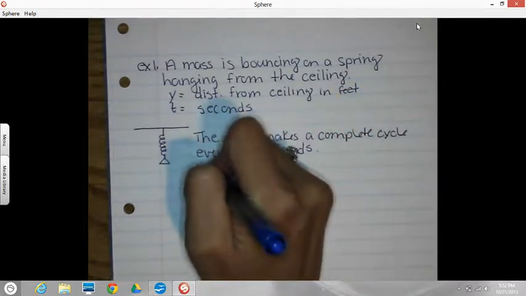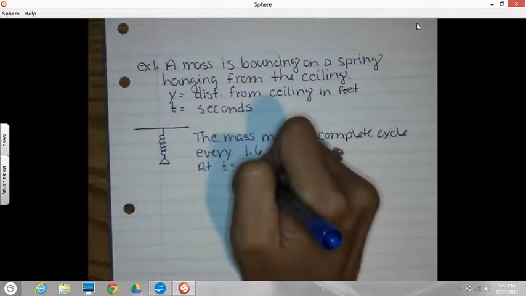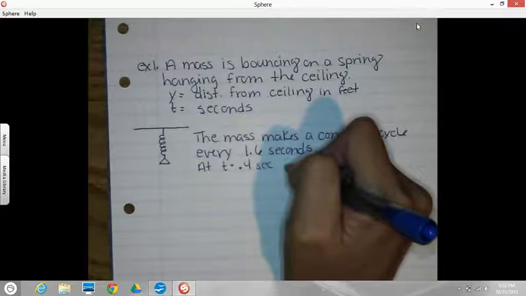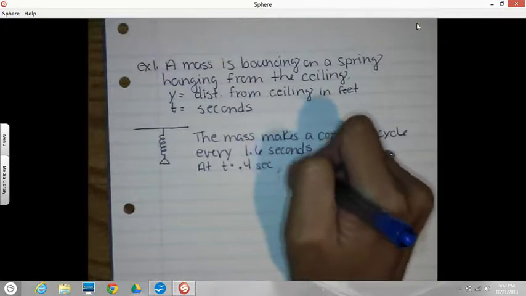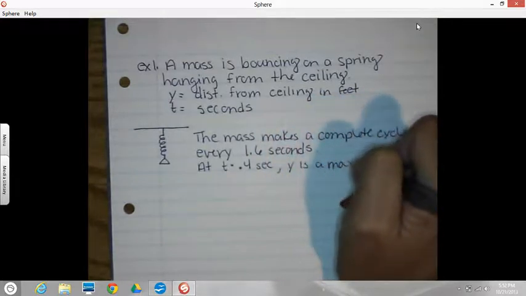At time equals 0.4 seconds, the mass is a maximum of 8 feet, so y is a maximum of 8 feet.